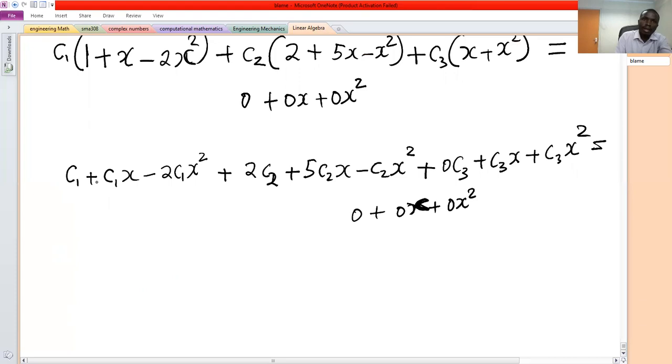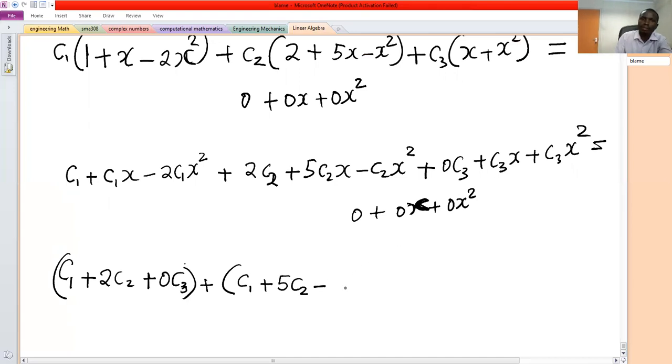So here I add the constants: C1 plus 2C2 plus 0C3. Then I add those terms with x: C1 plus 5C2 plus C3, times x.